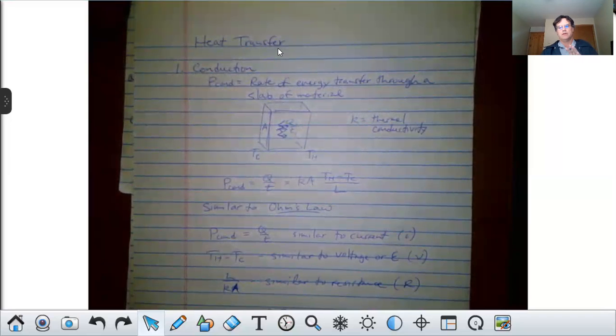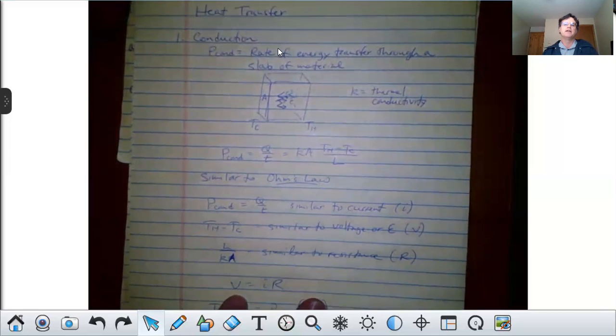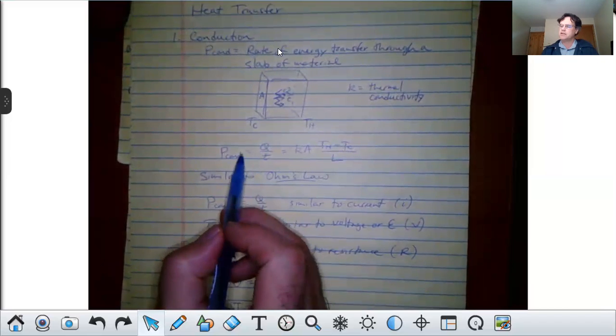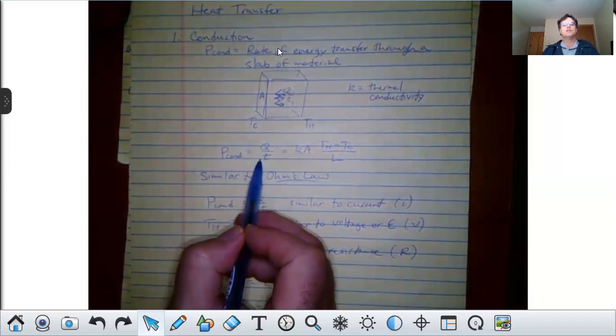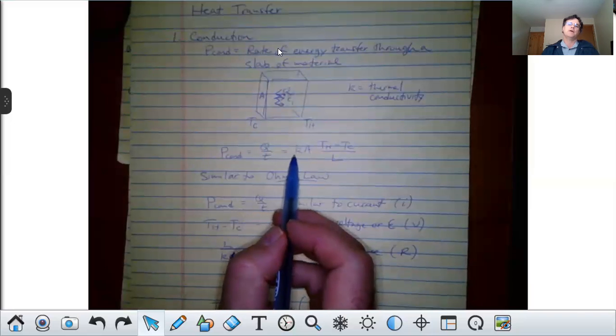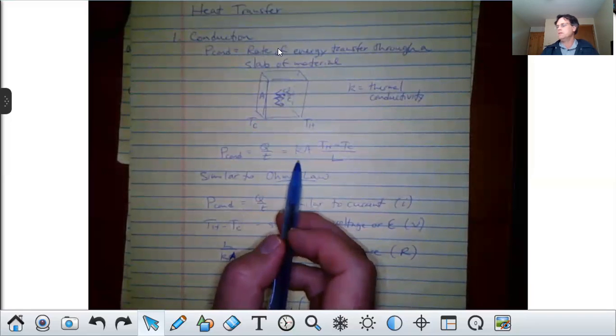Now, there is a table in the book, I think, with different thermal conductivities. Now, as it turns out, again, you can do kind of an empirical measurement of this by testing different materials. What you find is that the rate, P con here, or heat over time, depends on the thermal conductivity, what material it is. The bigger the K, the faster the heat will flow.